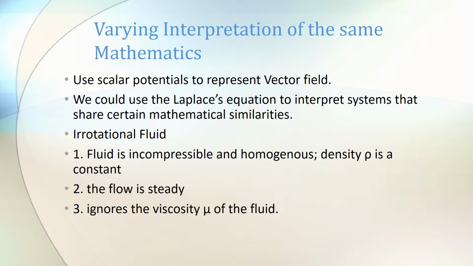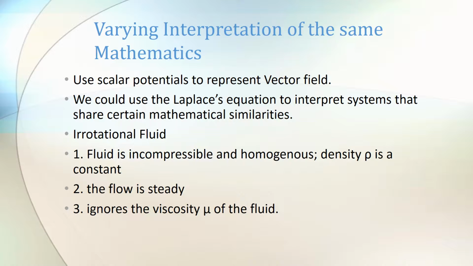Using scalar potentials to represent vector fields allows us to move from vectors to scalars, which means individual numbers. We could use the Laplace equation to interpret systems that share certain mathematical similarities.